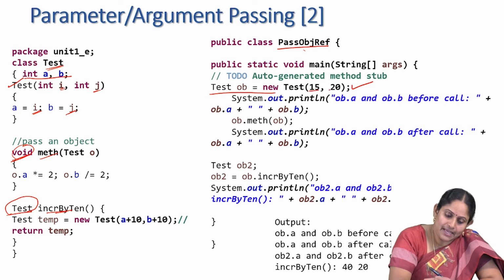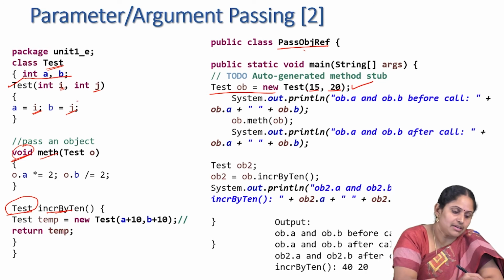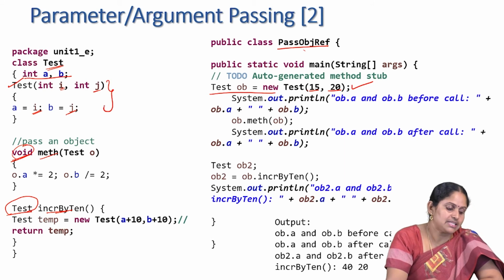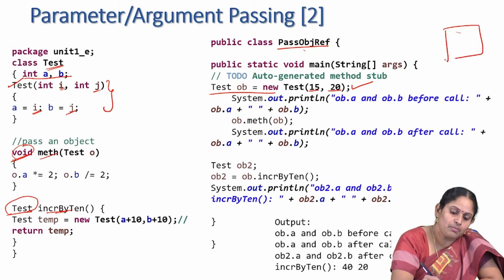Since we are passing some parameters to it, this will invoke the parameterized constructor present inside the test class. So an object OB will be created with values A and B initialized to 15 and 20.